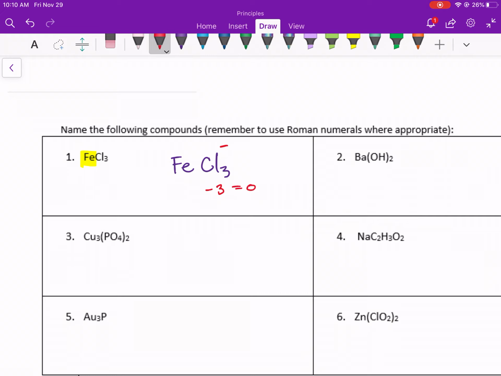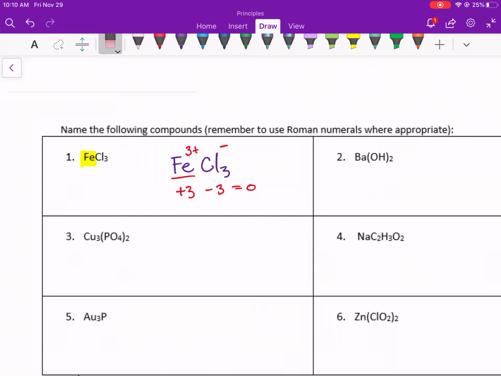So if the total charge on the whole compound is 0, which it always is, then we would have to have a +3 charge coming from the positive side. And since there's only one iron here, that means that this one single iron has to have a +3 charge so that it balances out. So with all that having been said, and knowing that we have to include the Roman numeral, what would you call this compound?